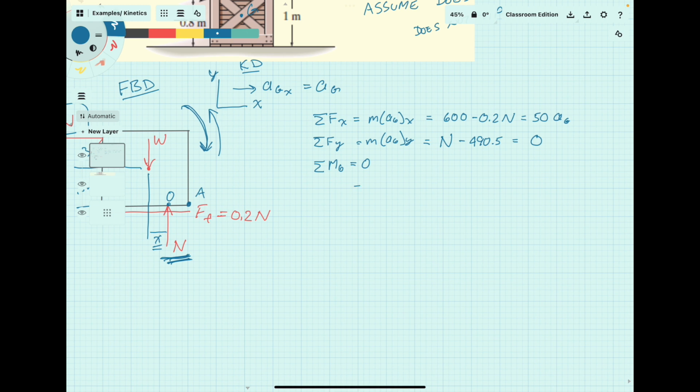So we'll have minus 600 times 0.3 plus the normal force, which is acting at x, and then the friction force 0.2 times N, which is acting at 0.5, all equal to 0.